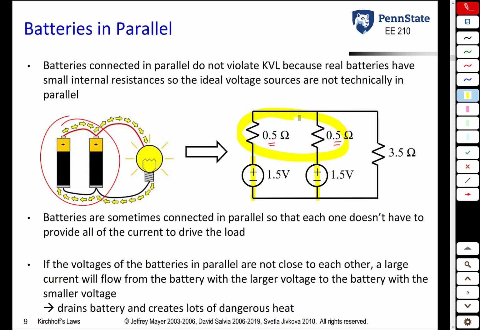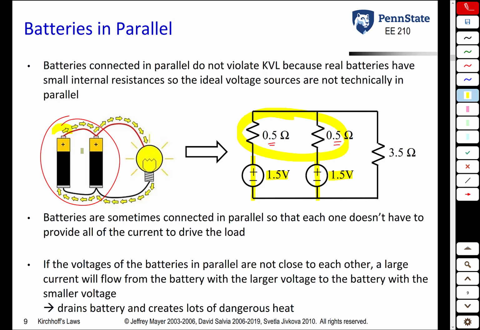The other thing that's an important point here is that these voltages are the same. You do not connect a 1.5 volt battery in parallel with a 9 volt battery. You connect it in parallel with another 1.5 volt battery. So because these are the same values, connecting them in parallel is allowed. So then the question is, why would you want to do this?